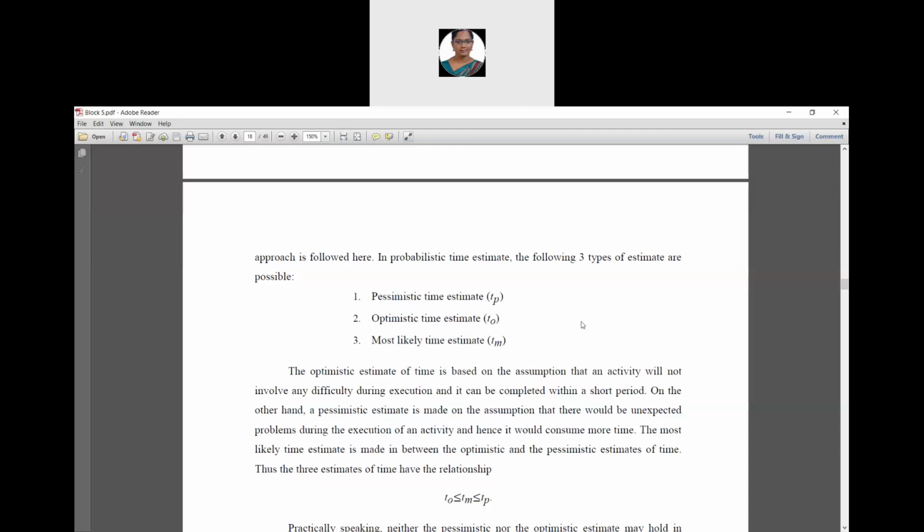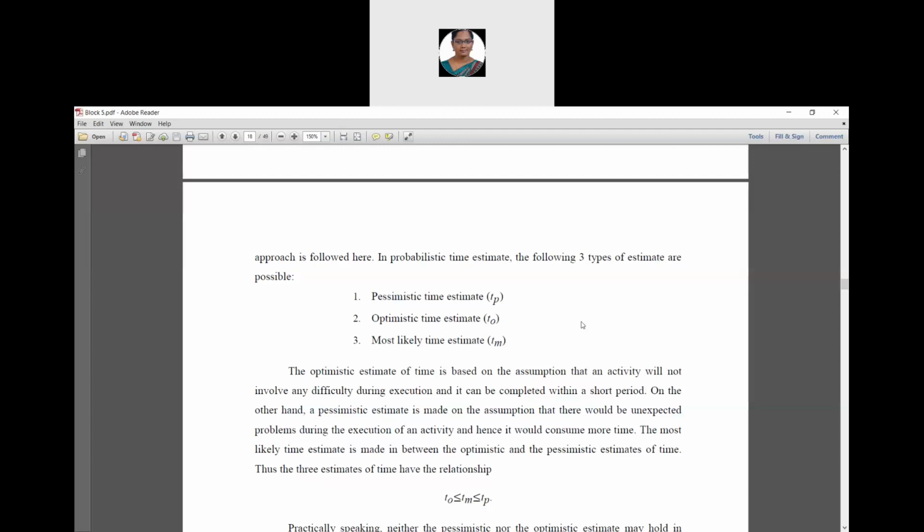Then the pessimistic time estimate is denoted by TP and is otherwise known as the greatest time estimate. It is defined as the duration of any activity when almost everything goes against our will and a lot of difficulties are faced while doing a project.